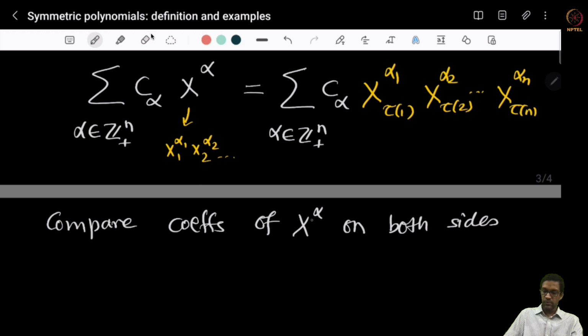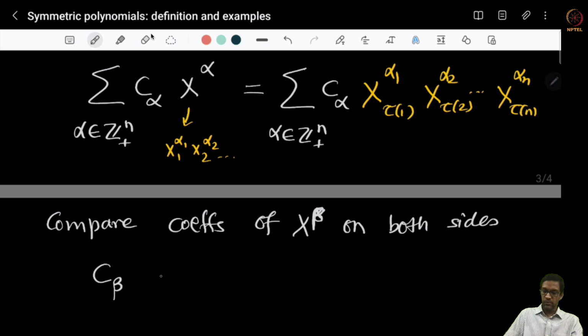Maybe we should choose a different letter, instead of alpha, let's choose a beta here, and I ask, what's the coefficient of x to the beta on both sides of this equation? On the left hand side, it's easy. The coefficient of the monomial x to the beta is just c beta on the left hand side. Now what is it on the right hand side?